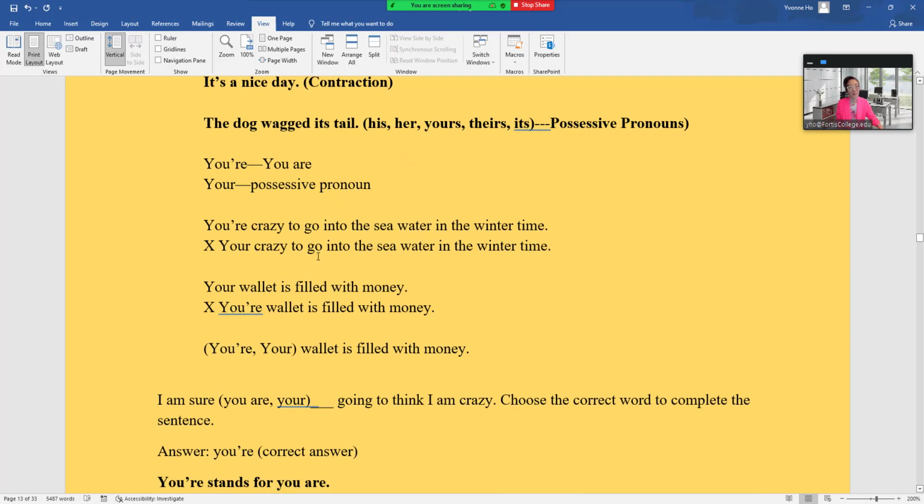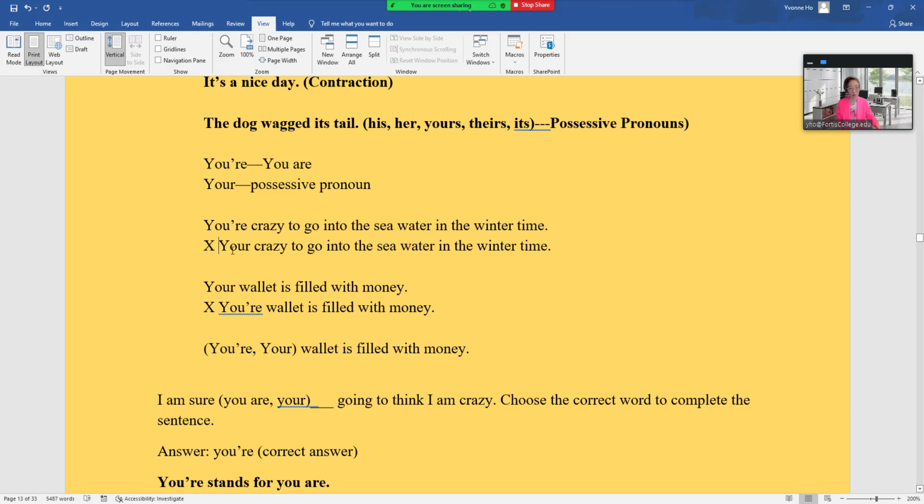So here you have an actual quiz question. Which one is correct? You're crazy to go into the seawater in the wintertime, or your crazy to go into the seawater in the wintertime? Here, people confuse you are and your. So you want to say you're, in other words, you apostrophe R-E, crazy to go into the seawater in the wintertime.